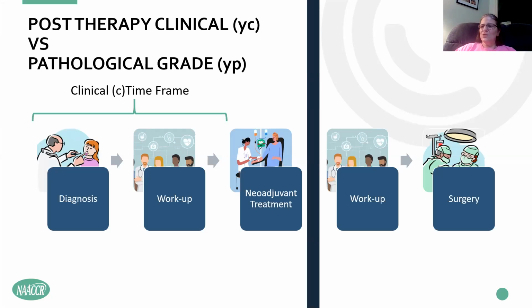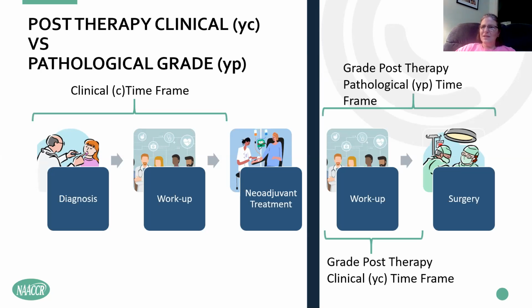So then they go to the clinical workup after neoadjuvant therapy. This is your YC time frame where they may do some imaging, or they'll do a biopsy of the primary site, or maybe a suspected lymph node. They'll do additional workup, and then they'll go to surgery.